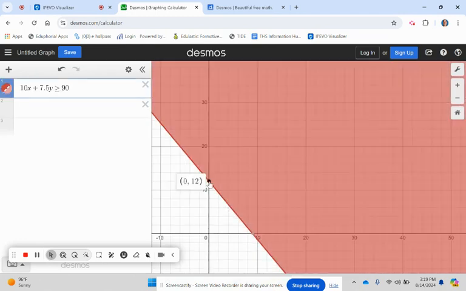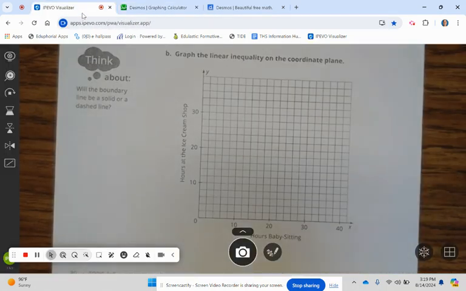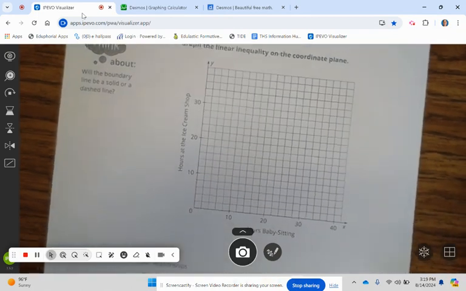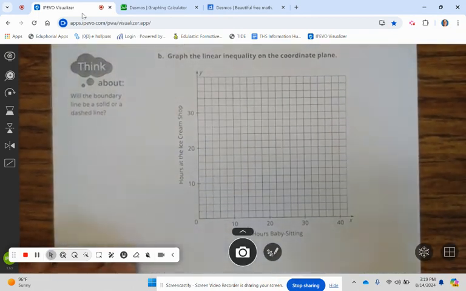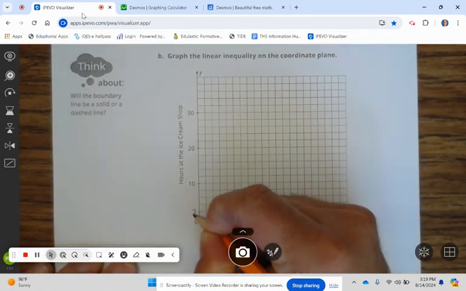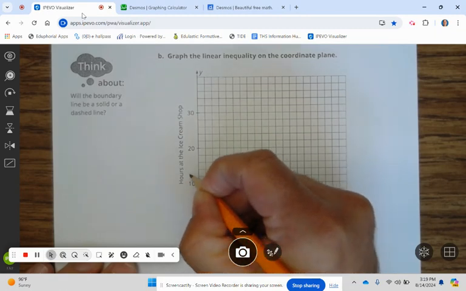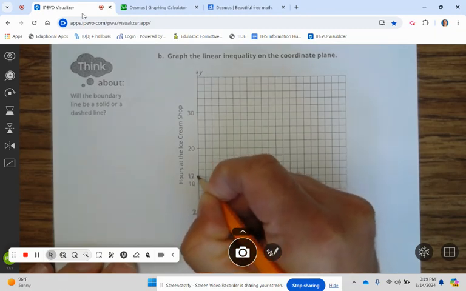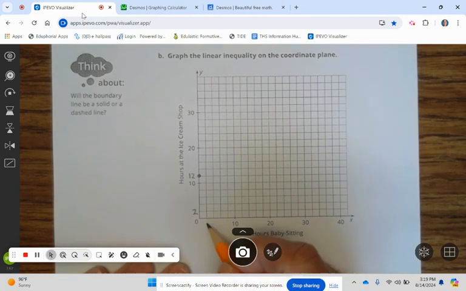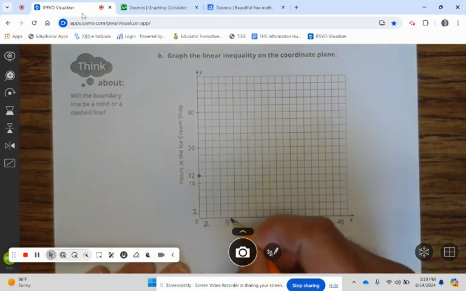I need 2 points, so let's click here and here. So let's go ahead and graph (0, 12) and (9, 0). These are counting by 2, so 2, 4, 6, 8, 10, 12, so (0, 12). And then 2, 4, 6, 8, 9 is between 8 and 10.